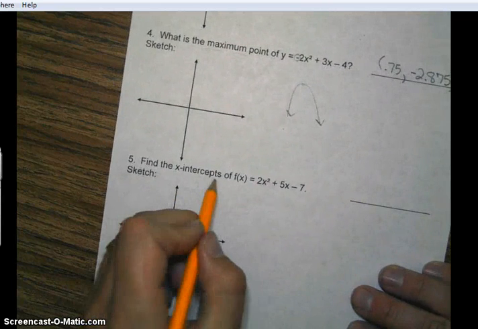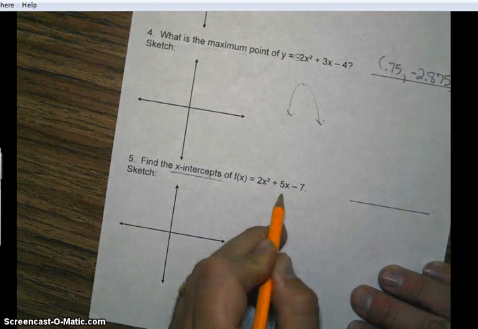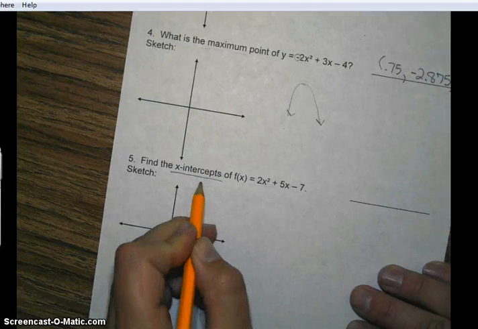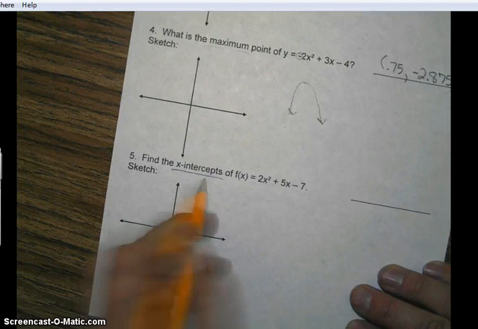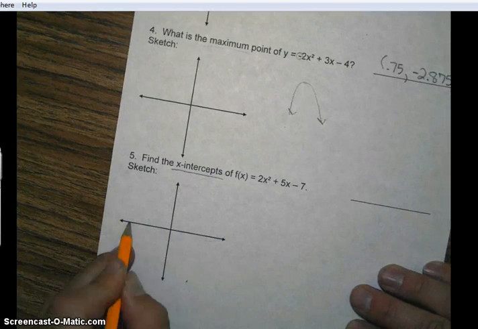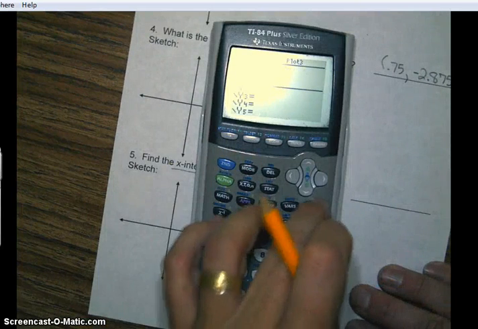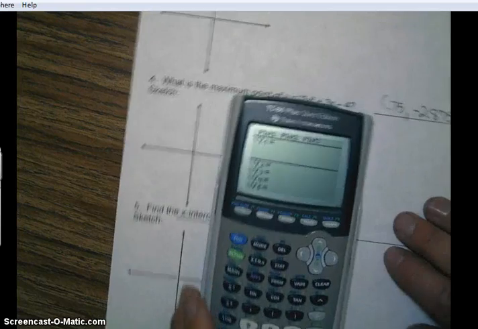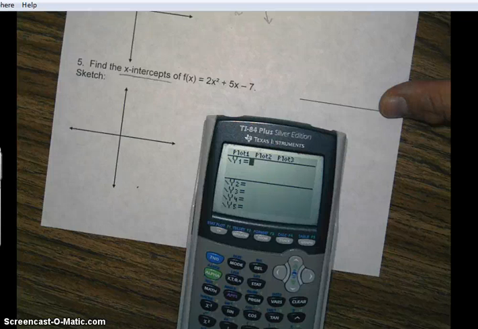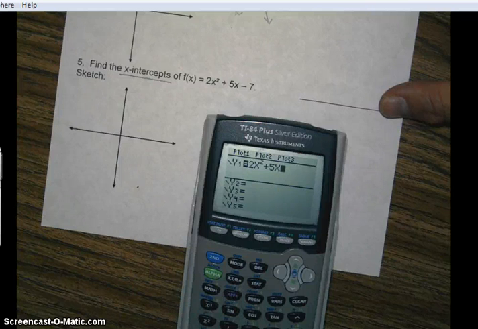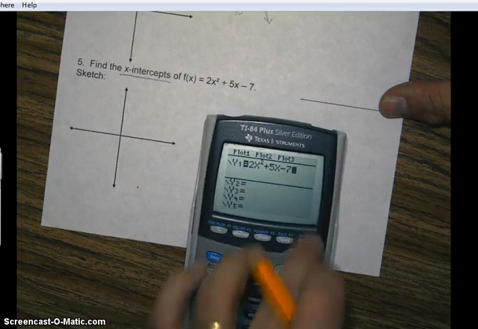X-intercepts. So again, what are we looking for? We're looking for the points where it crosses the x-axis. Hoping to keep this under 10 minutes, so let's see if I can do that. Okay, let's graph it.